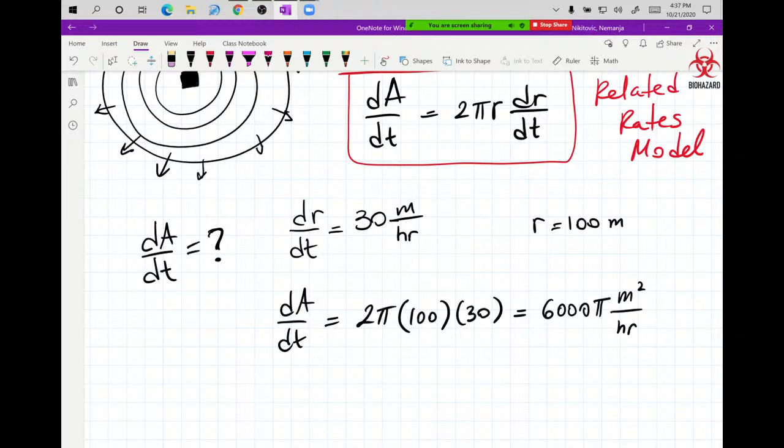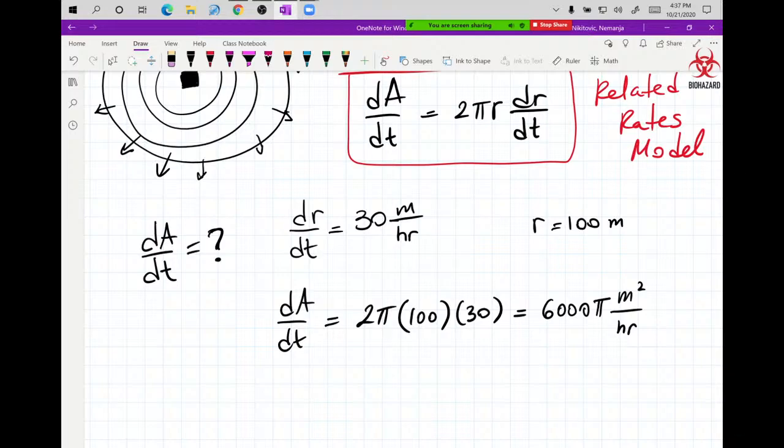I know it's 3.14, but this is roughly 18,000 meters squared per hour. 18,000 meters squared. So, yeah. Oh, there's YouTube helping as well with 6,000 rather than 600.